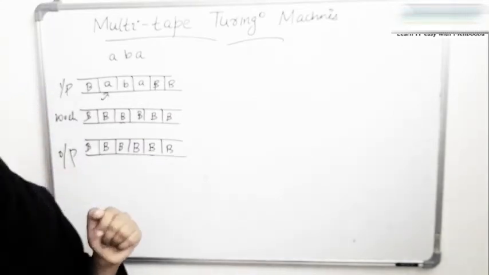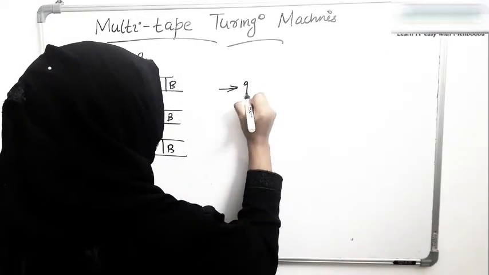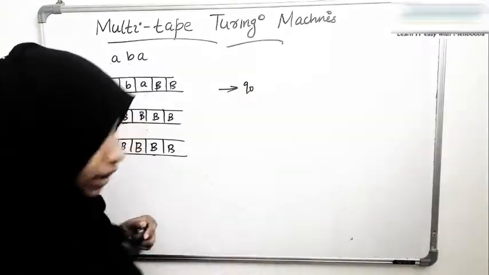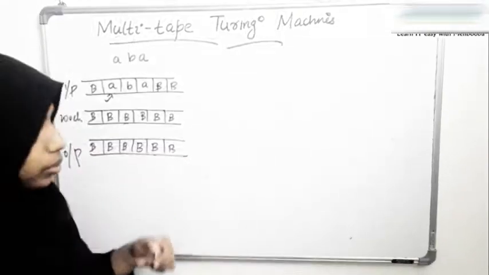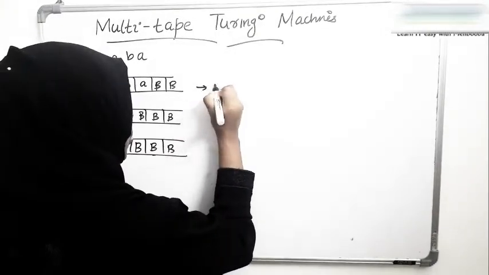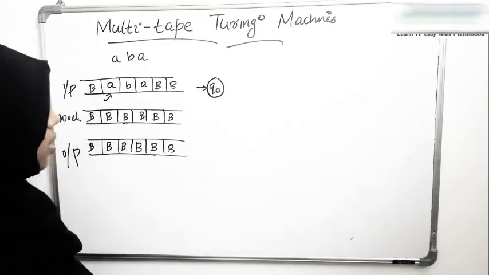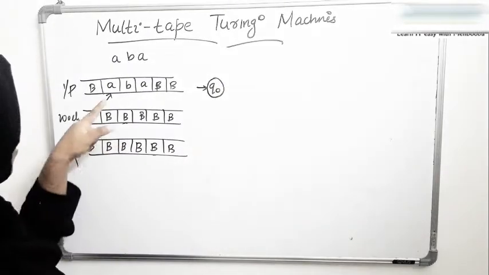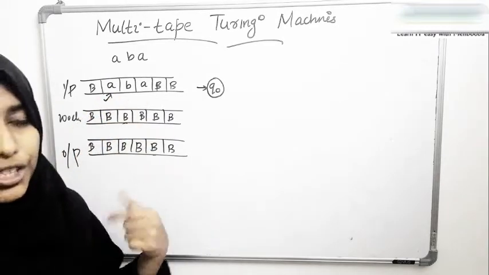Again, assuming that we are at some state Q0, which is our start state, you can also call it QS. I am writing Q0, the start state. The input tape contains the string ABA, which we need to check for palindromes.